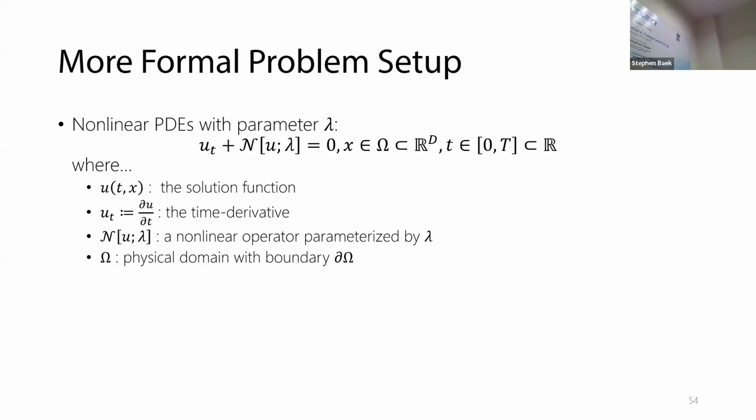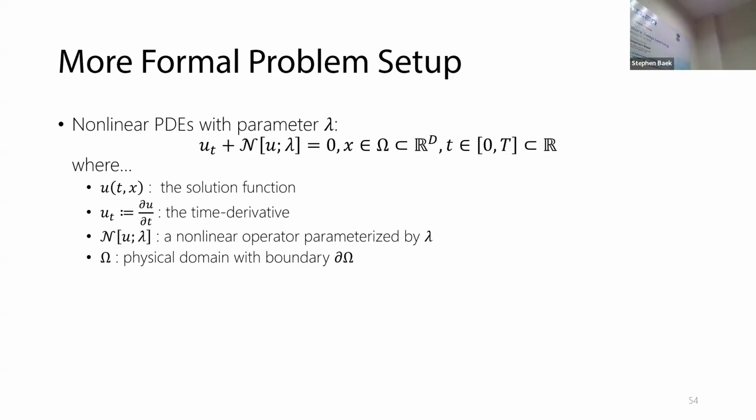And of course, that omega is embedded in R^D. So that's the D-dimensional Euclidean space. A lot of times, we consider 3D or 2D, so D is either 2 or 3. We'll see a one-dimensional heat equation soon. So in that case, D equals 1.